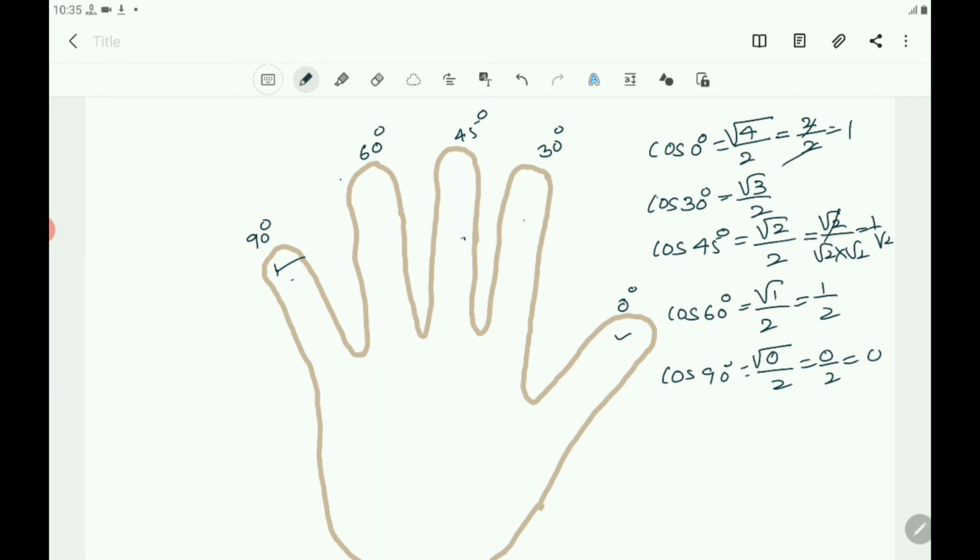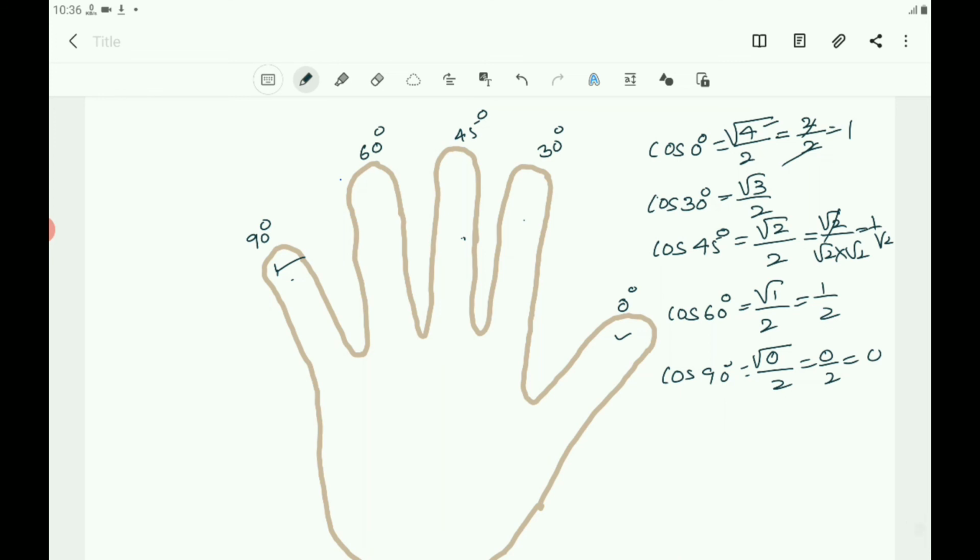This is a trick to find the values of sine 0, cos 0, sine 30, cos 30, sine 45, cos 45, sine 60, cos 60 and sine 90, cos 90. That is number of fingers under the root that you have to take. If there is 1 finger, root 1 by 2.